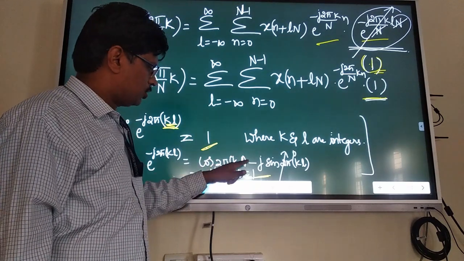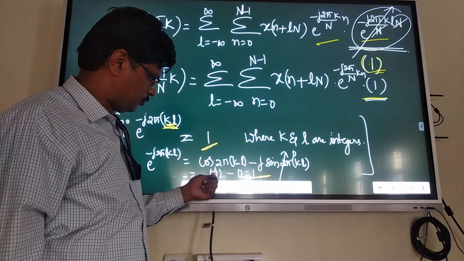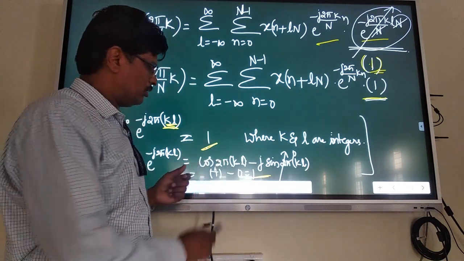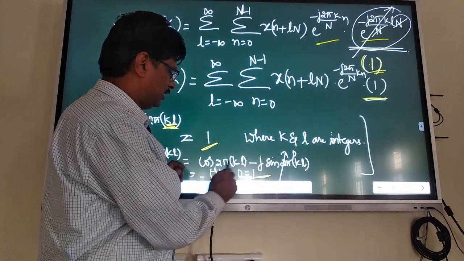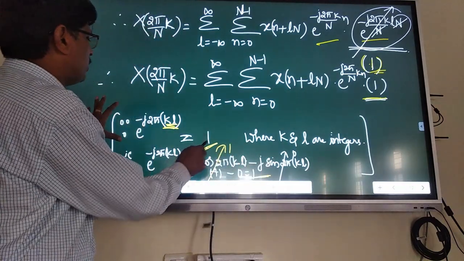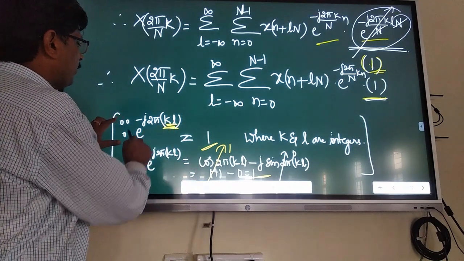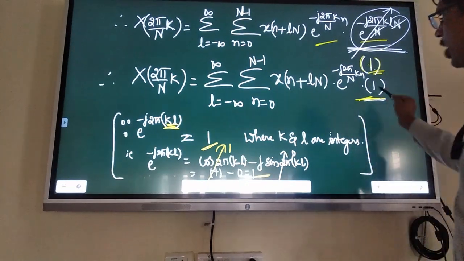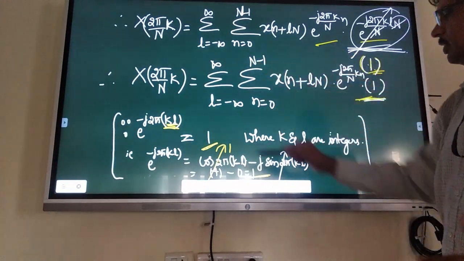When kl is 1, 2 into 1 is 2, cos 2π is 1. When kl is 2, 2 into 2 is 4, cos 4π, then cos 6π, cos 8π, like that. That is why this is equal to 1. Therefore, irrespective of these values, this expression is 1. Now 1 into this only is left.